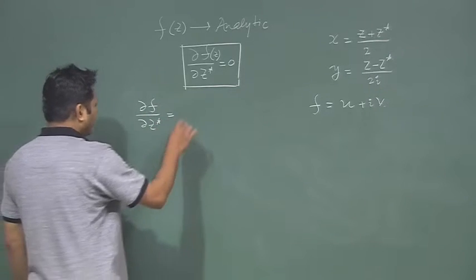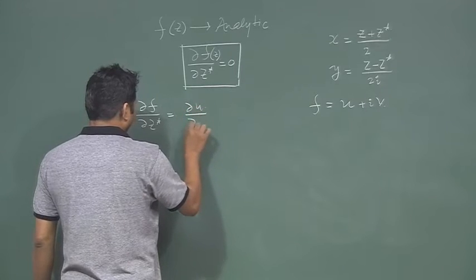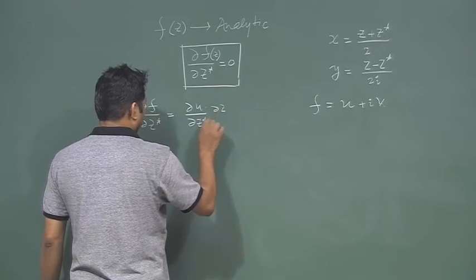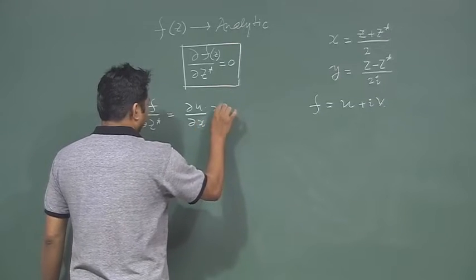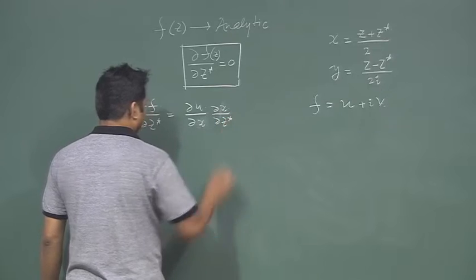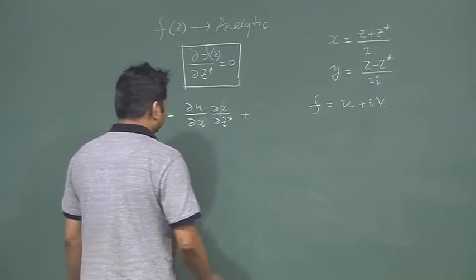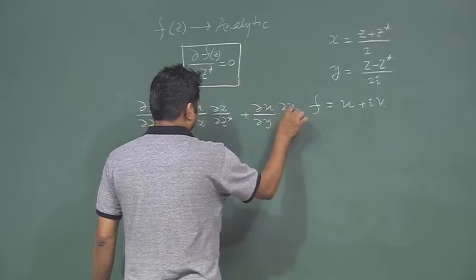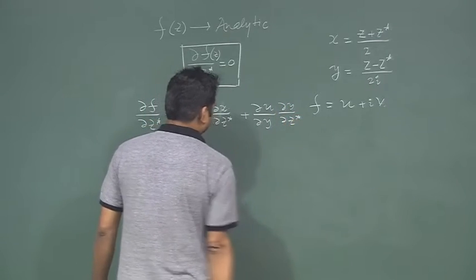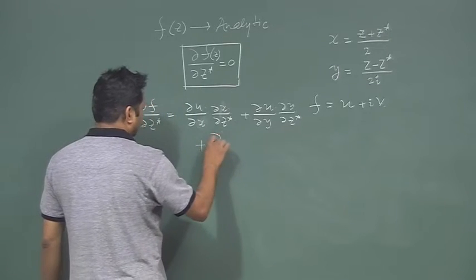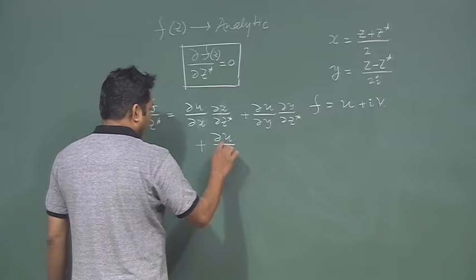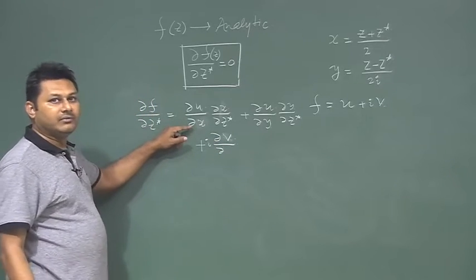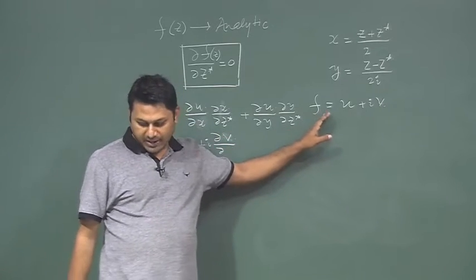So, I can write it in this way, del u by del z star, say del u del x by del x del z star, plus del u del y by del y del z star, plus i del v, because this is a variable, where f is defined by x plus i y.